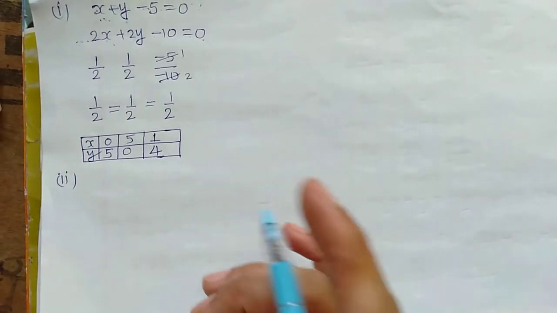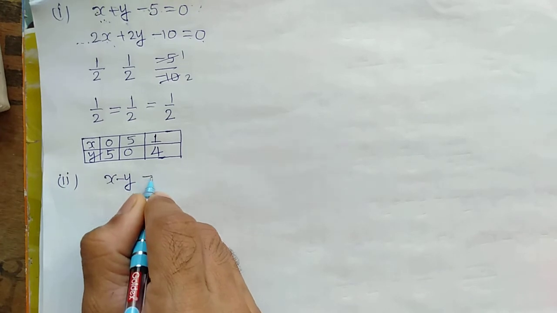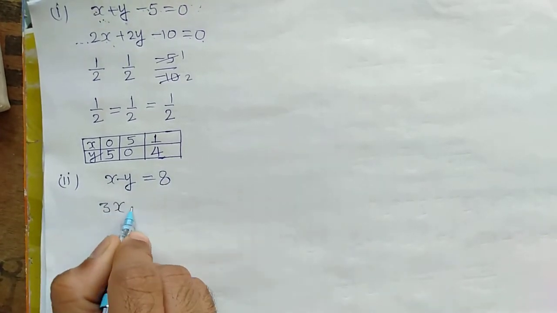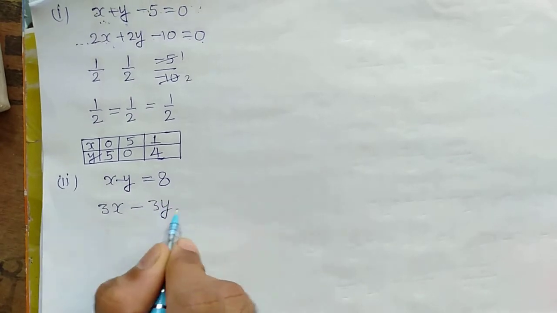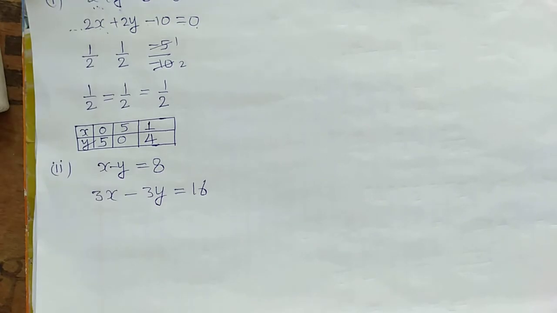Now see, x minus y is equal to 8. This is the first equation. And 3x minus 3y is equal to 16. Is it?